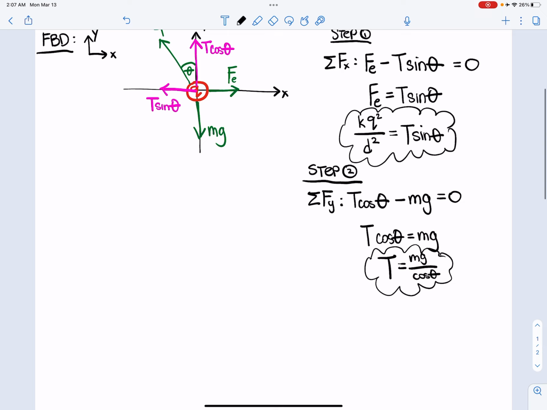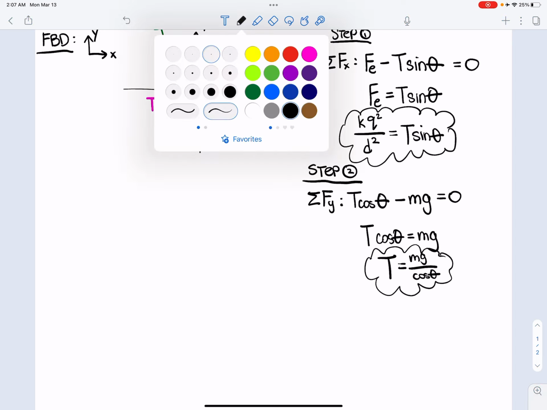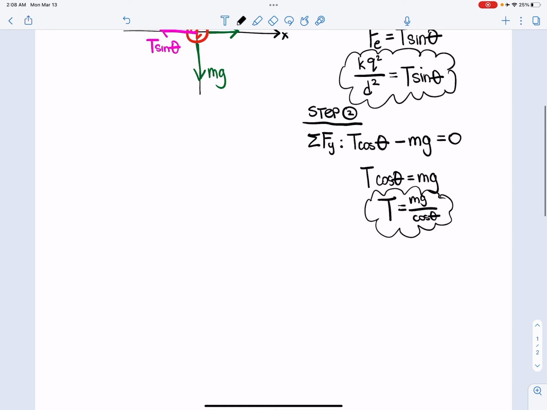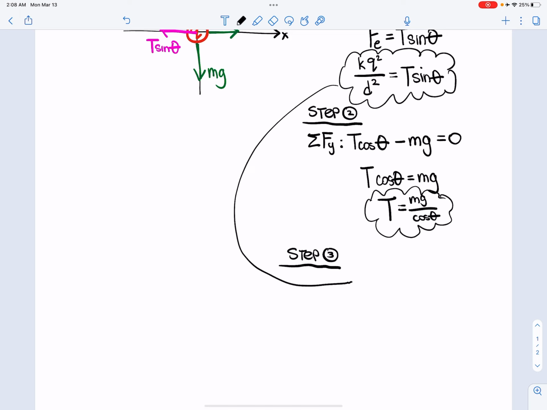So now that I know my tension in terms of my mass, my gravity, and theta, I'm going to substitute that into the equation I got in step 1. So step 3, I'm just going to rewrite this equation and substitute T for mg over cosine theta.